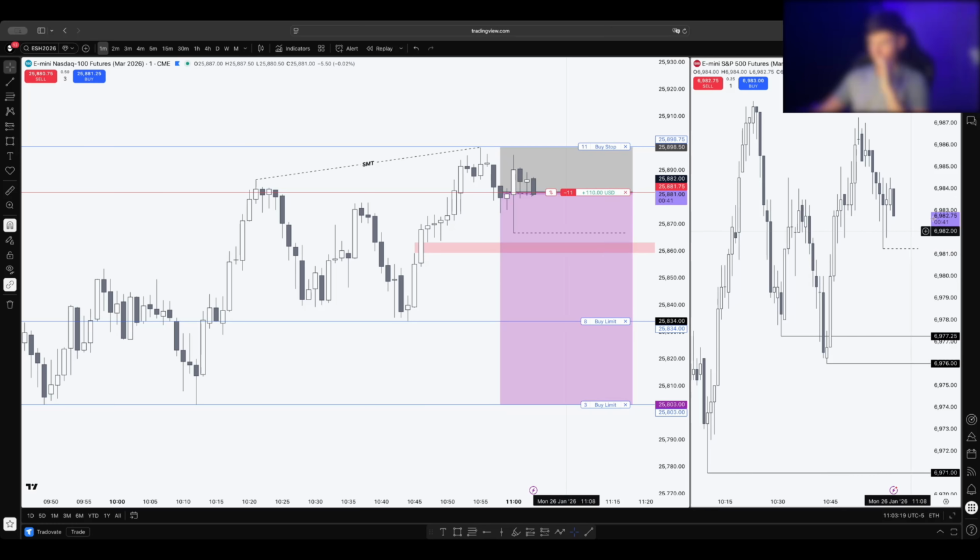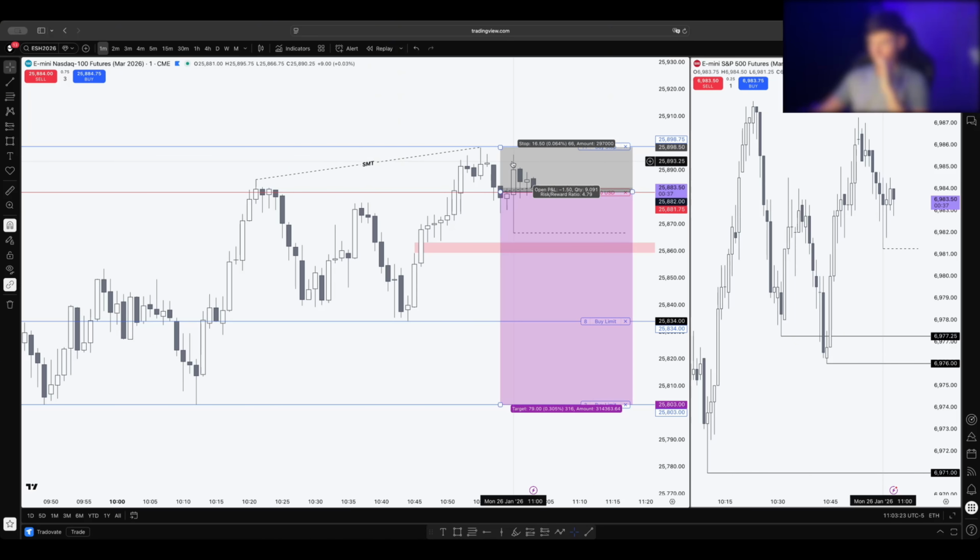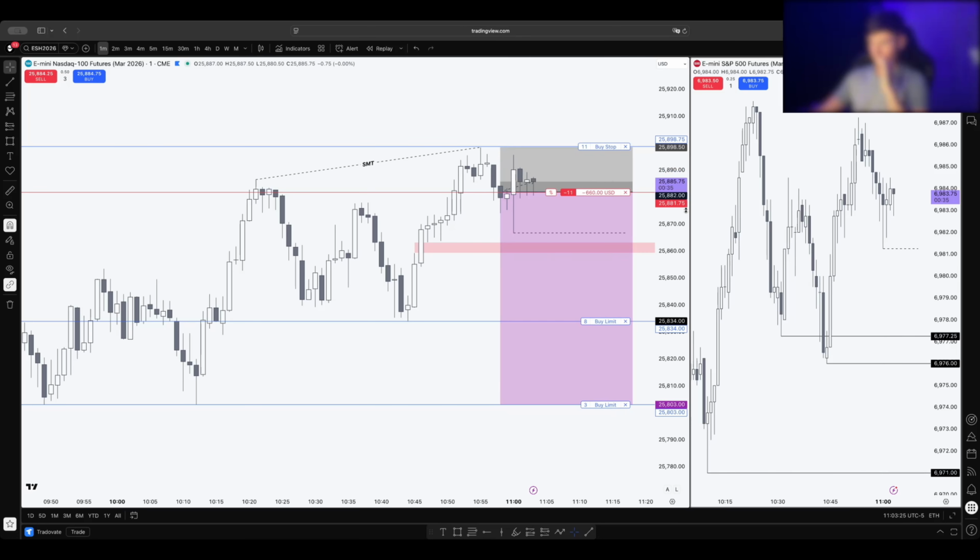So I want to see that low at 11 a.m. get taken. Then I will trail stops to that high at 895.75. So if ES takes out that low, that's where I will trail stops. But yeah, such a textbook A plus unicorn model.